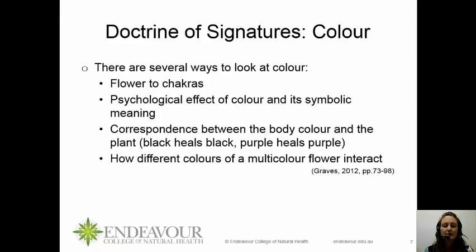The correspondence between body colours, so body parts, body colours, and the plant. So black that heals bruises, for example, purple that heals purple things. Also think of your traditional medicine.